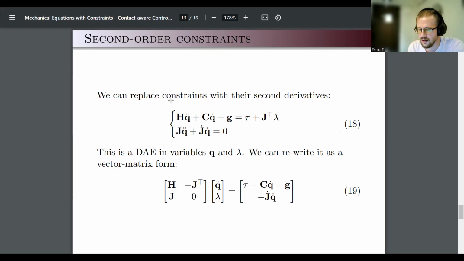How do we express? Here we write the same thing, but in matrix vector form. This term we have here, this term we have here, but we transfer it to the left hand side with a minus sign. This one we have here. We don't have lambda anywhere in the second equation.